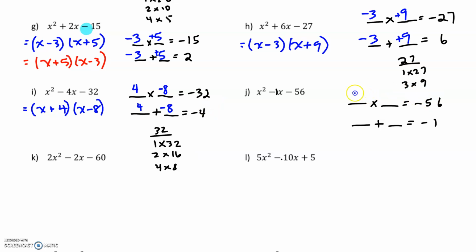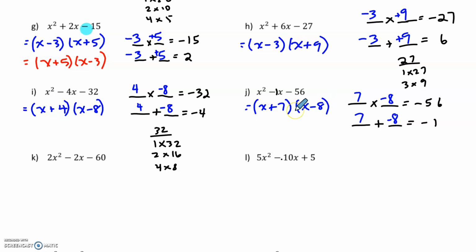So I know for 56, it's 7 and 8, because the difference between 7 and 8 is going to give me my 1. Since my B value is negative, my higher number is negative. And then we can check: 7 times negative 8 is negative 56. 7 plus negative 8 is negative 1. And then we'll go ahead and write x plus 7 times x minus 8.